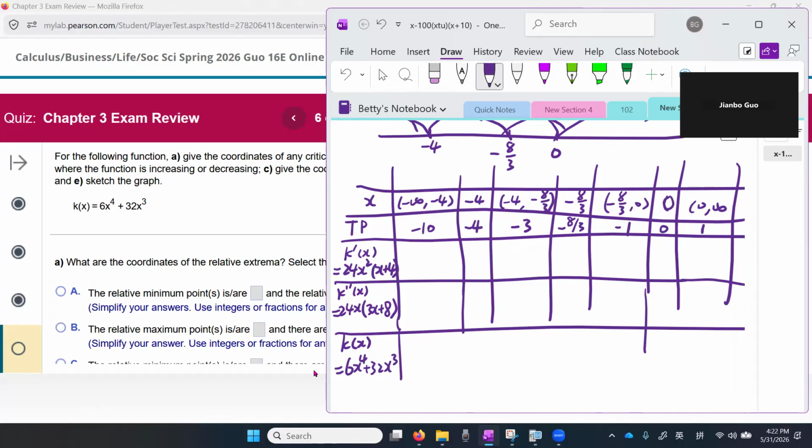All right. So when x equals negative 10, you plug in here. This part is always positive. When x equals negative 10, this factor is a negative. Positive times negative, negative. Negative means the function decreases.